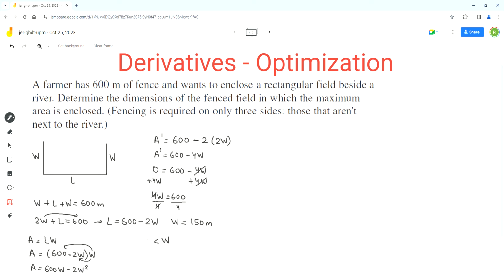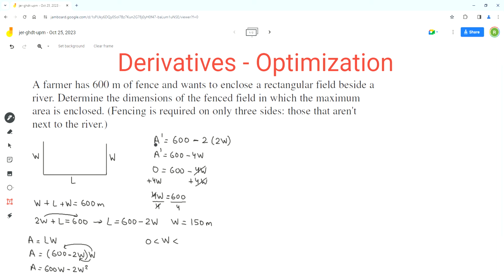So width has to be greater than 0, and as per the length equation, 2W plus L is equal to 600. Now as the length decreases for this rectangle, the width will increase because 2W plus L is equal to 600. So the maximum possible value for W will be when L approaches 0.